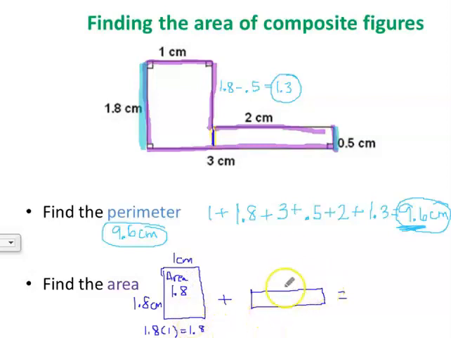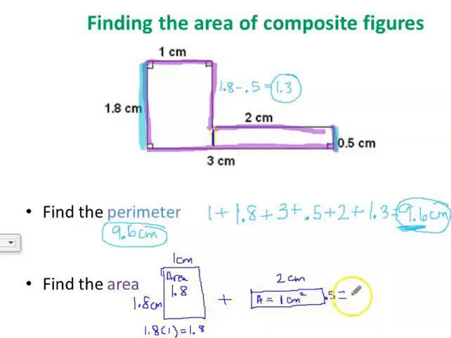Then we've got this longer rectangle, and I could say the base is 2 centimeters and the height is 0.5. We do base times height. So 2 times 0.5 gives me 1. So the area would be 1 centimeter squared.